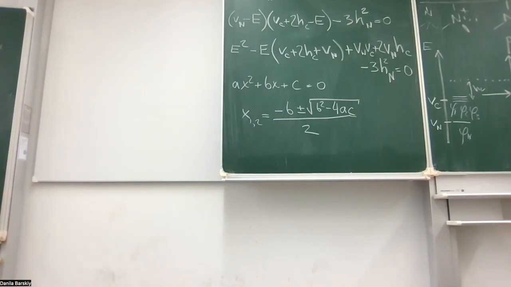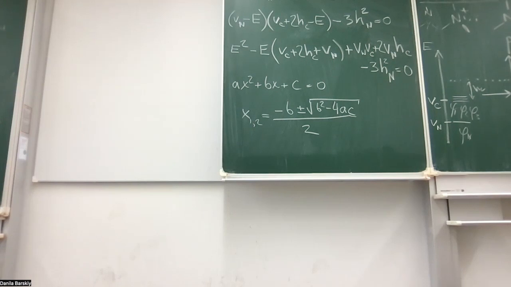So let's find what's going to be B squared minus 4AC. B squared, so BC plus 2HT plus VN squared minus... Let's actually take VN out of here.